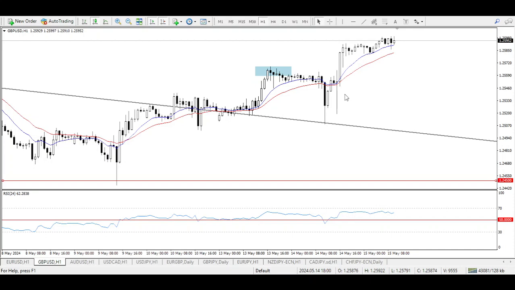So definitely if PPI increases, there are high chances of an increment in the CPI. So these are the two factors why I'm not expecting less than forecast CPI. However, I will tell you the scenarios of what happens if CPI comes equal to forecast. So less than forecast is almost improbable.